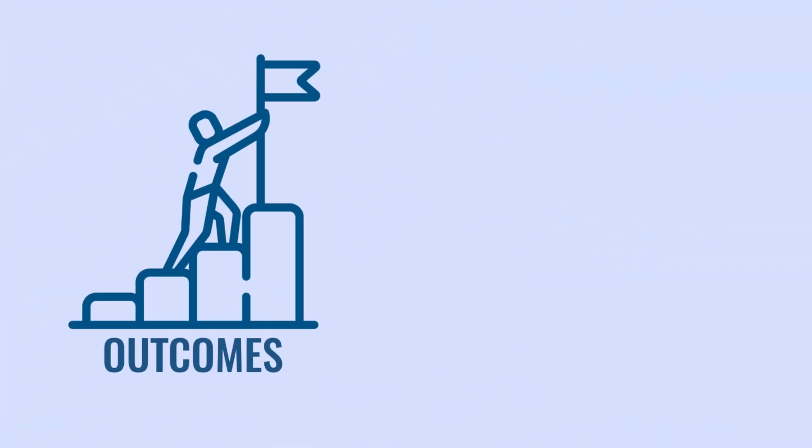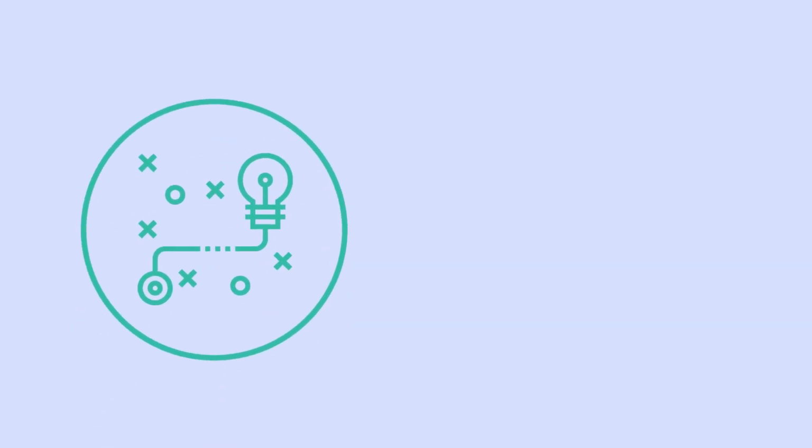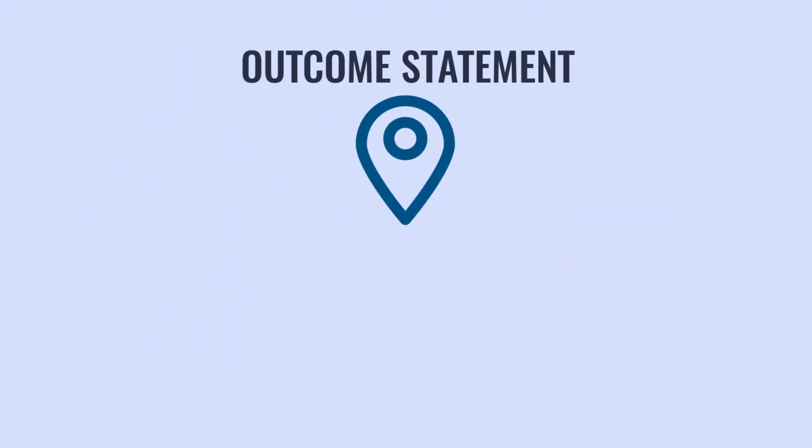Now that we have a better idea of what an outcome is, let's look at how the concept of outcome works in the ROMA model. For example, outcomes play a big role in the planning phase of the ROMA cycle. In the planning phase, you are deciding what strategies and services you will offer. Your outcome statement is like your destination.